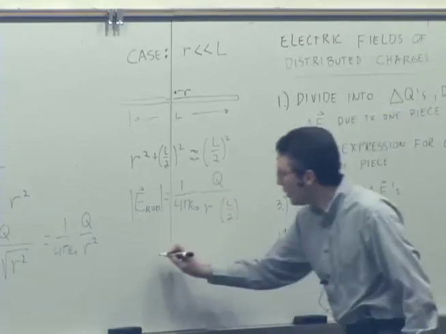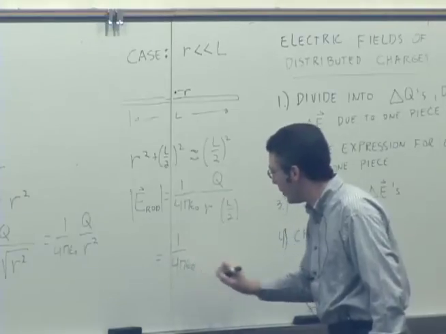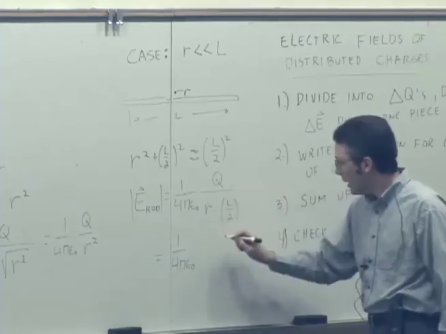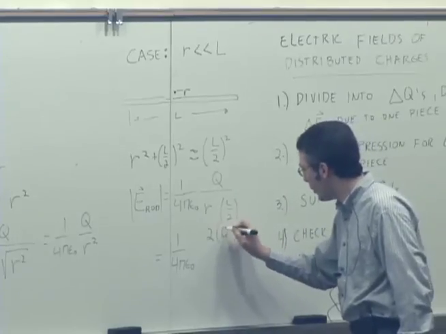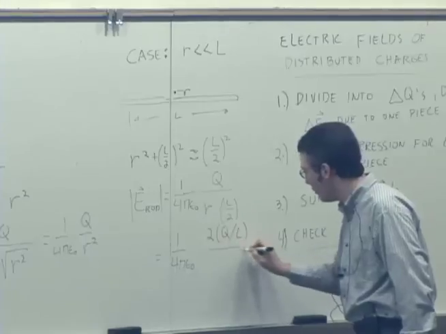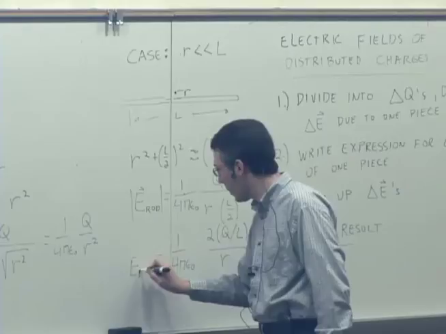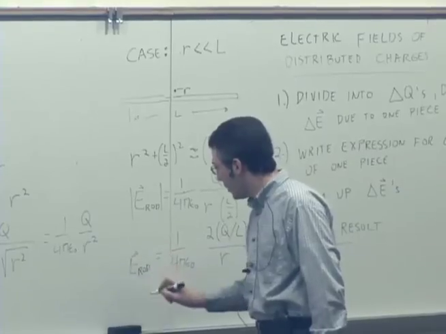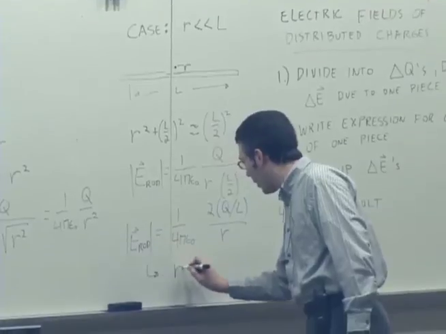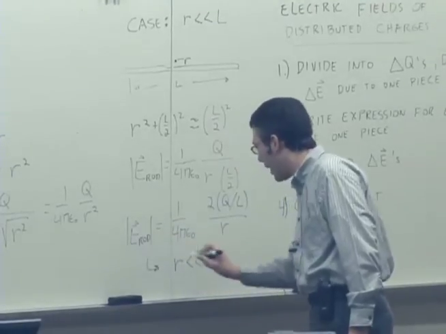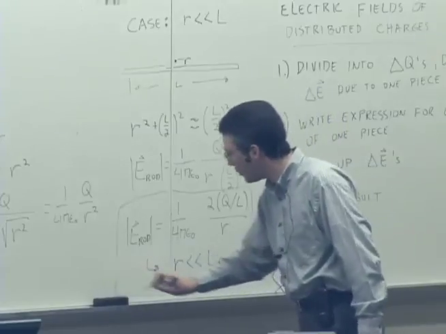If I rewrite this a little bit, I can say 1 over 4 pi epsilon 0, invert the fraction here, and I have 2 times Q over L over r. So this is the magnitude of the electric field of the rod in cases where r is much less than L. And that's a very useful special case.